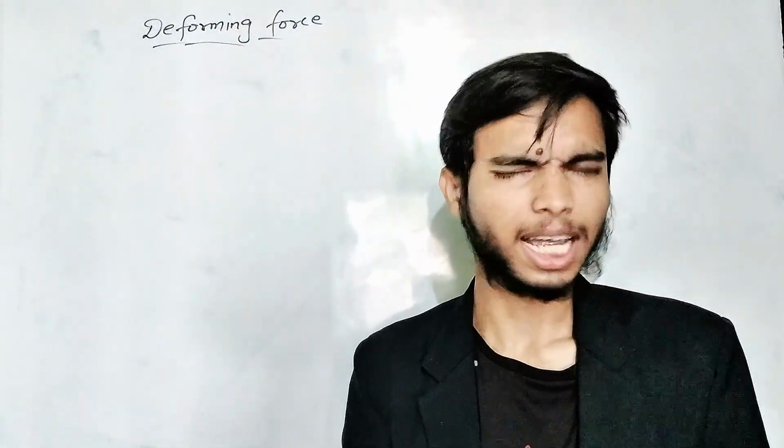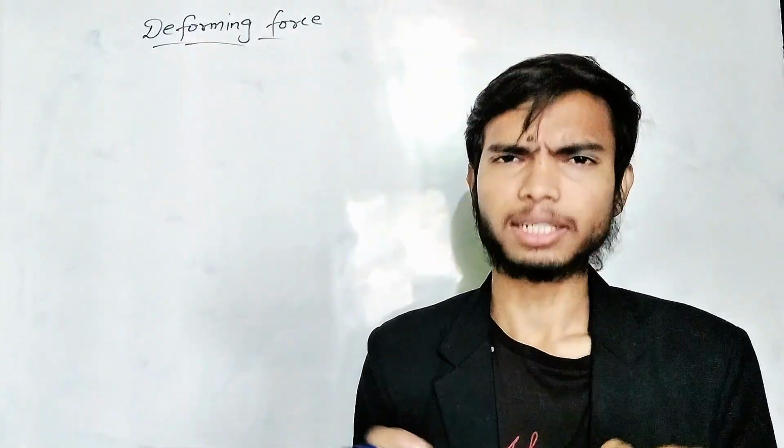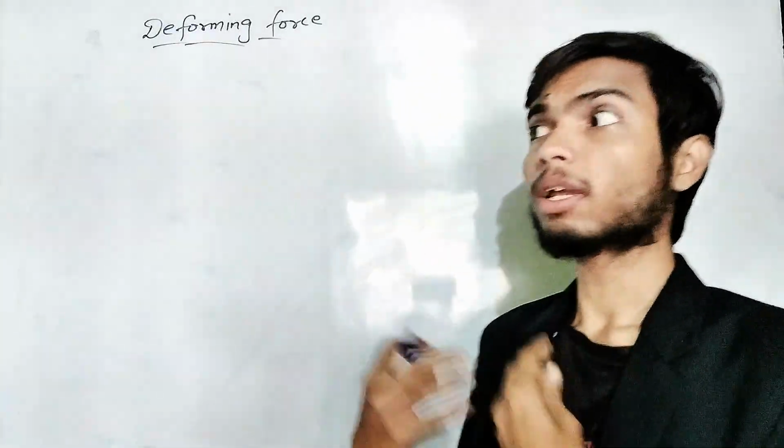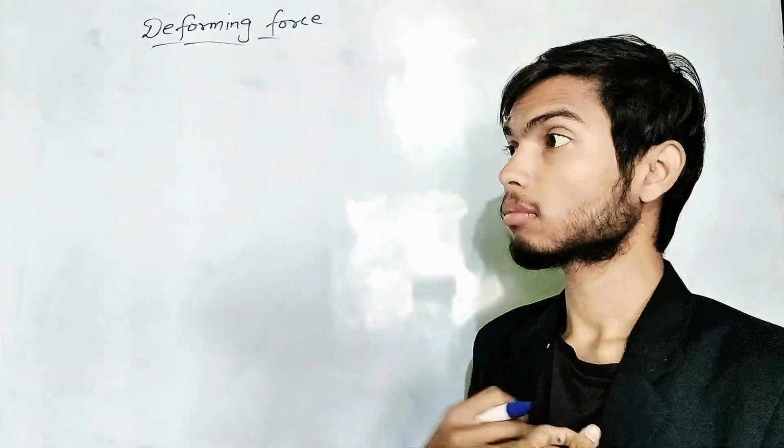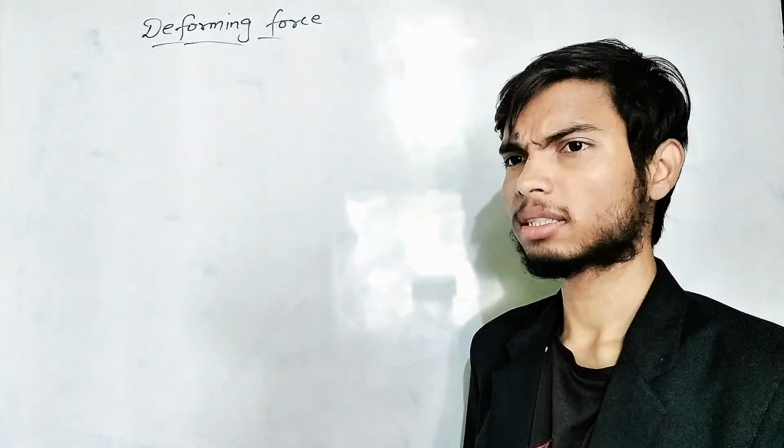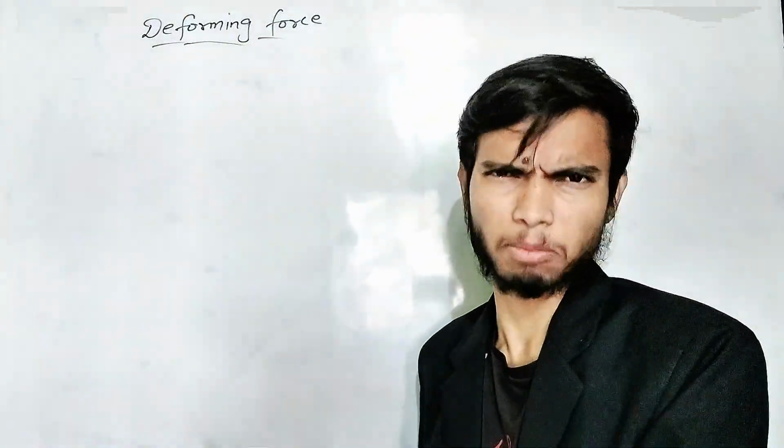When force is applied on an object, the object may change its configuration. Sometimes you will see the body didn't change its configuration. Both things can happen when force is applied. We apply force on a body and the body can deform or cannot deform.